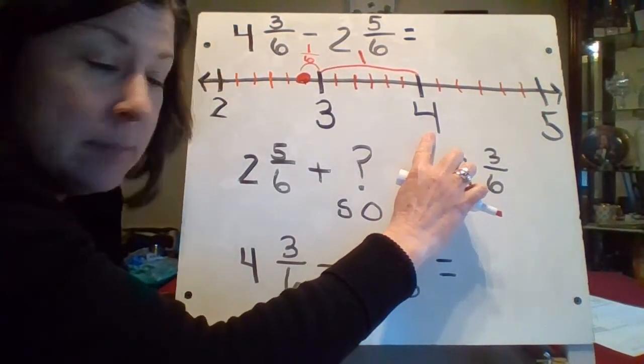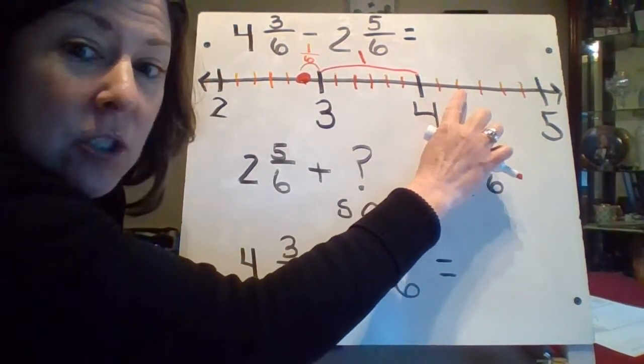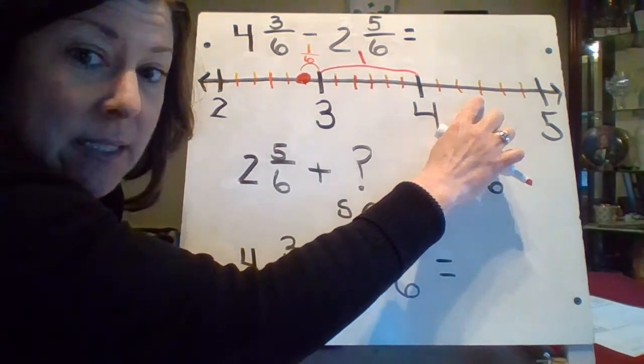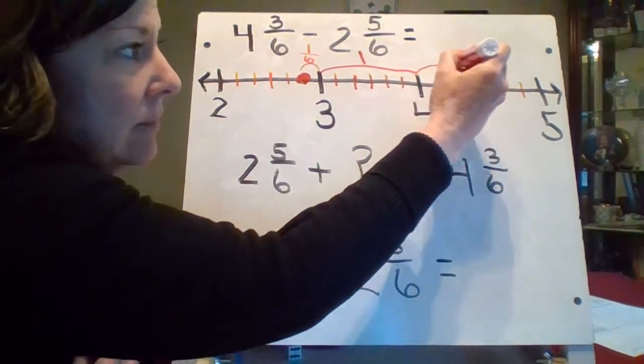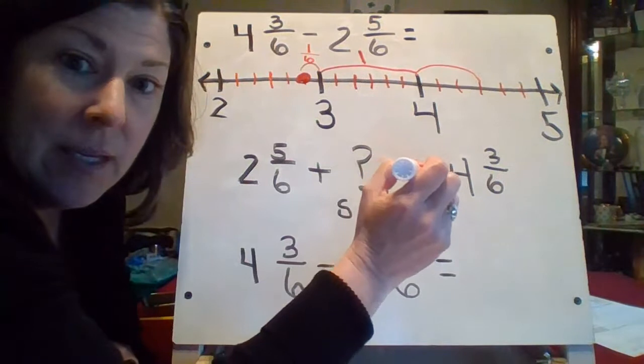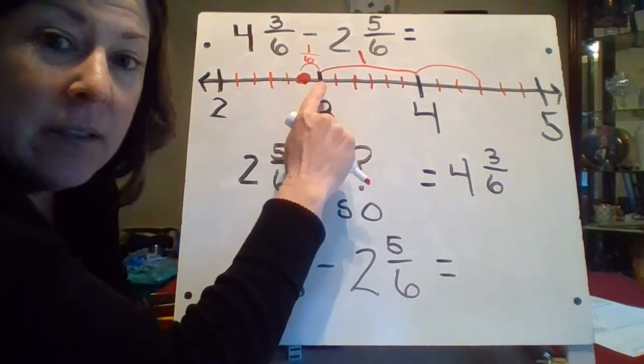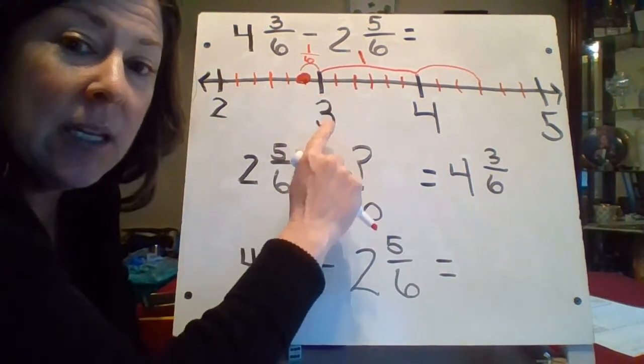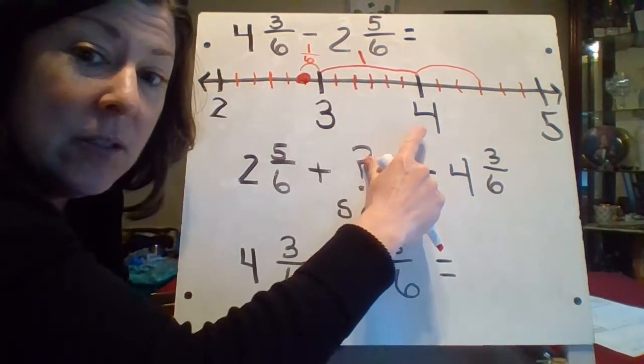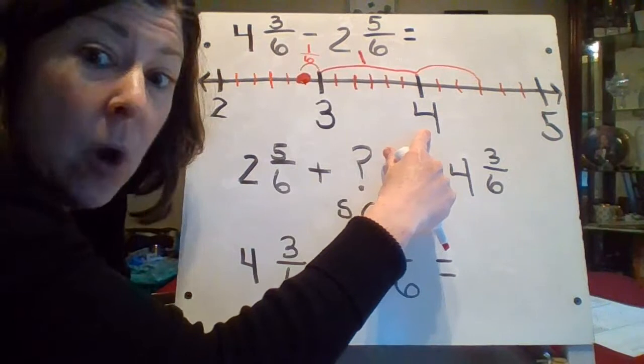Here's the 4. 1/6, 2/6, 3/6. So from here to here was 1/6. From here to here was 1.